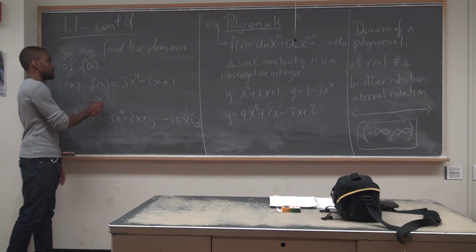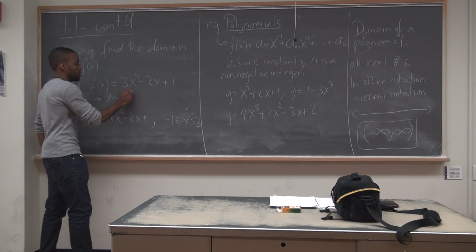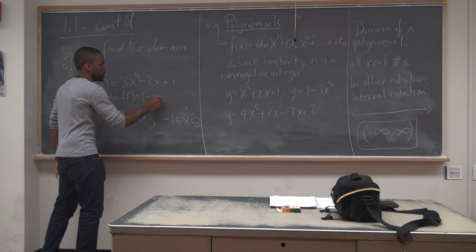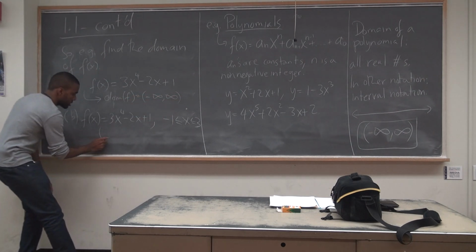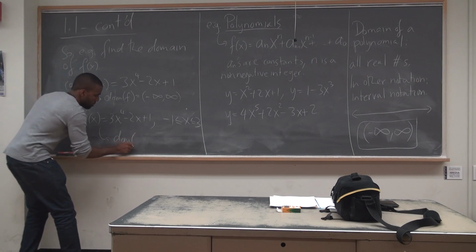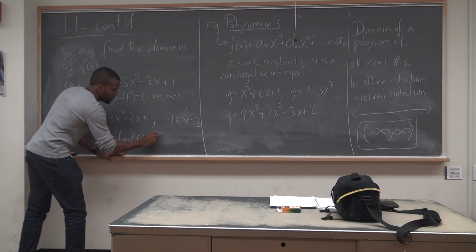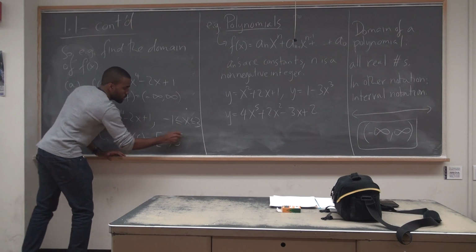Now in case a, the domain of f is all real numbers. There is no restriction. While in case b, the domain of f is just going to be numbers between minus 1 and 3.